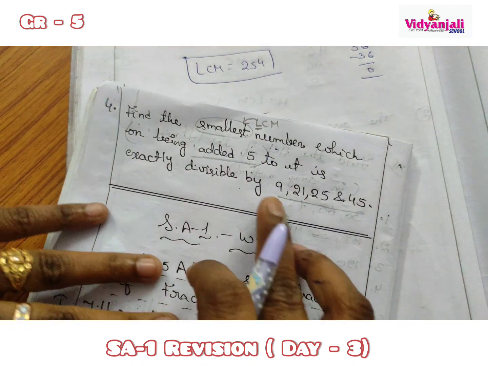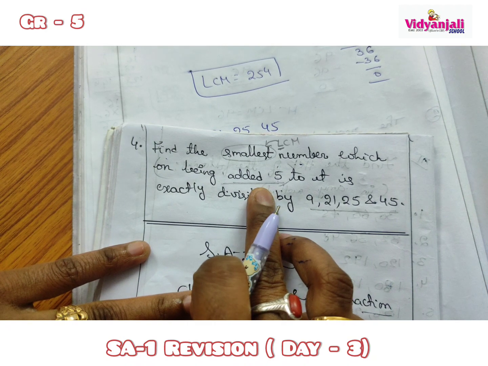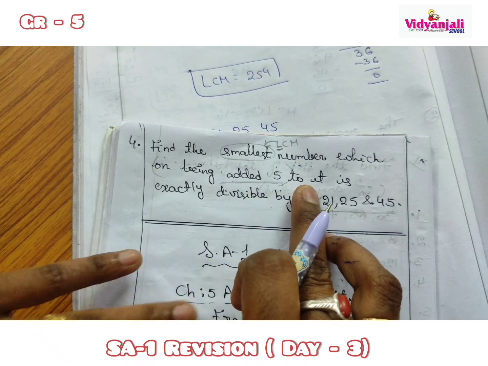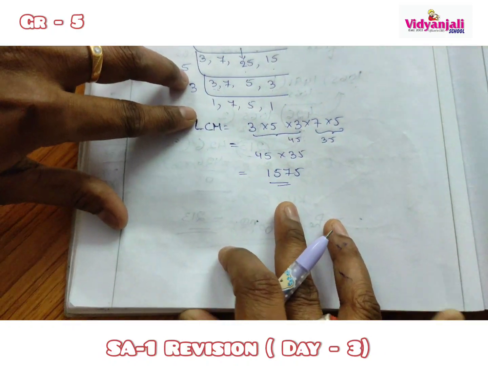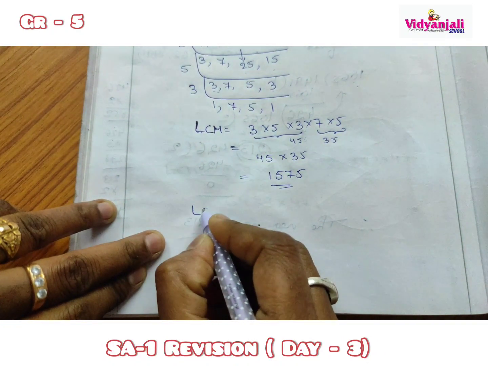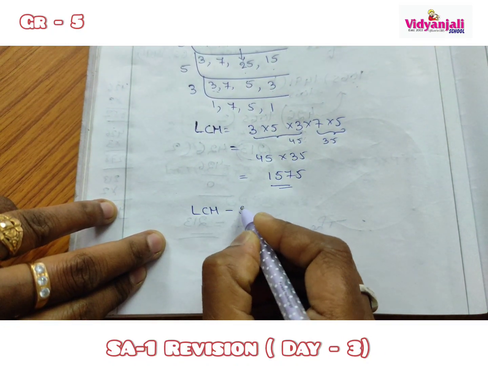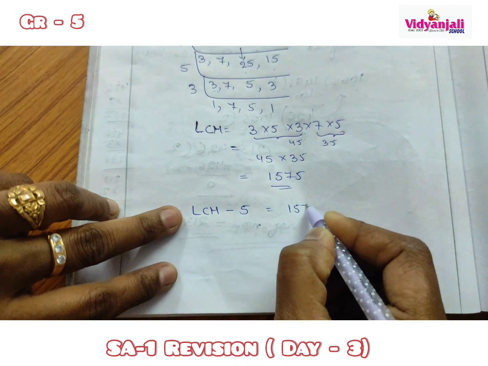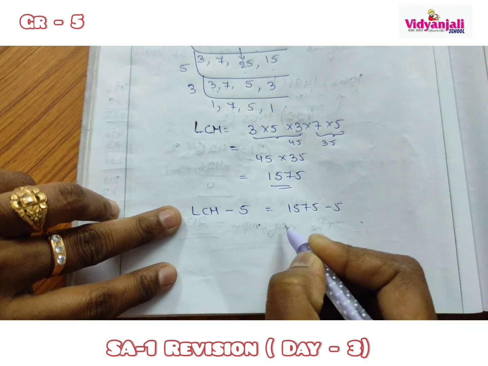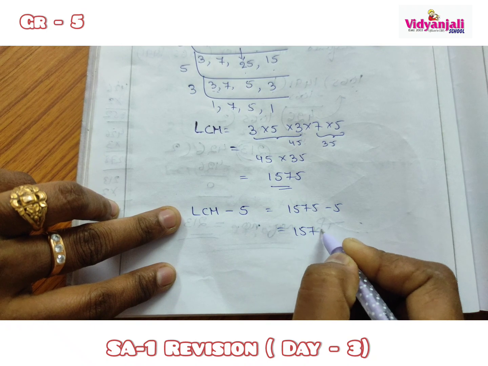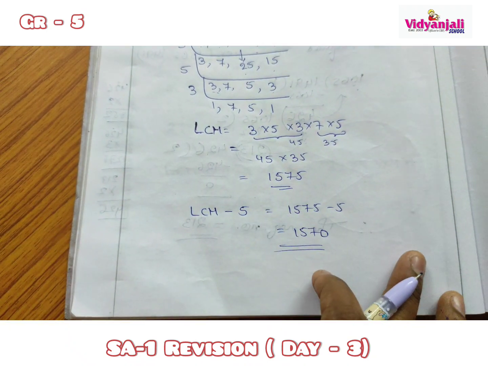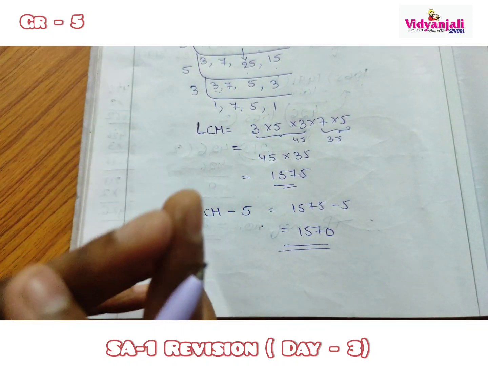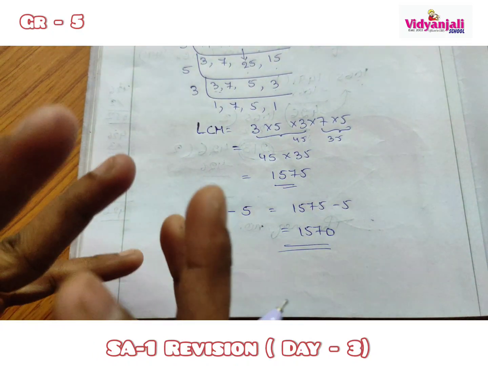What is that? On being added 5 to it. See, added 5 means after finding the LCM you have to subtract 5. LCM minus 5. So 1575 minus 5, which is 1570.